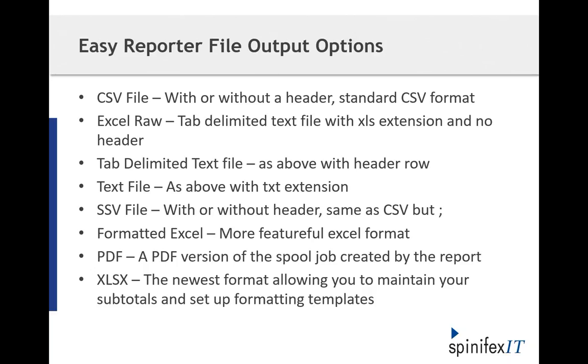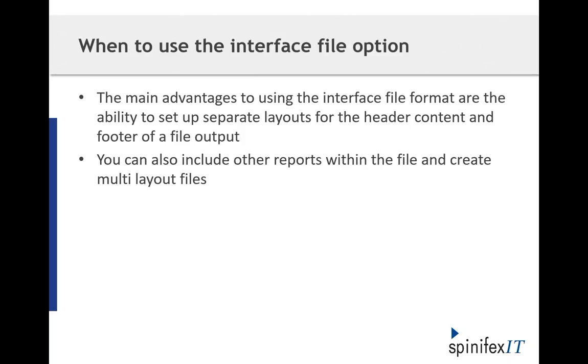But let's get on then to the interface. So that's the background. So when might you want to use the interface files? The biggest advantages, as I've alluded to as we're going through here, would be that you have the ability to control the layout of your file.